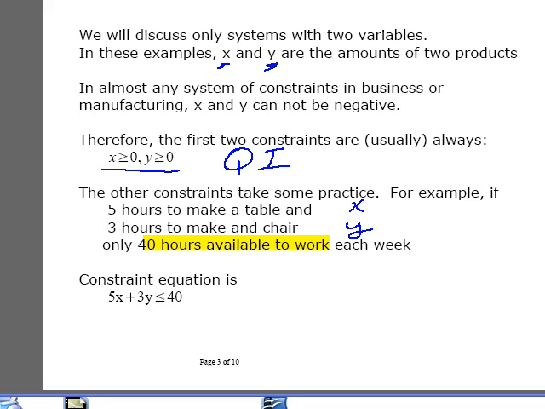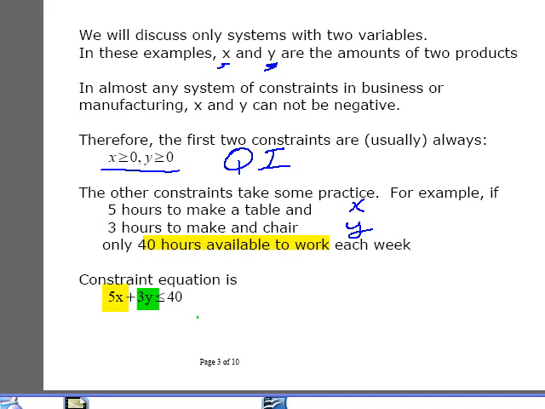Say I'm doing this myself, and I only have 40 hours available to work in a week. So the constraint is the number of hours. This would be the number of hours I spend making tables, that would be 5 times X, plus the number of hours I spend making chairs had better be less than 40, because I don't have any more time than that.